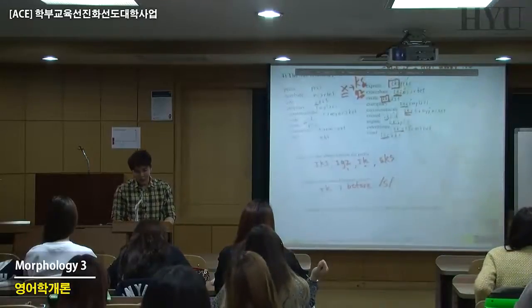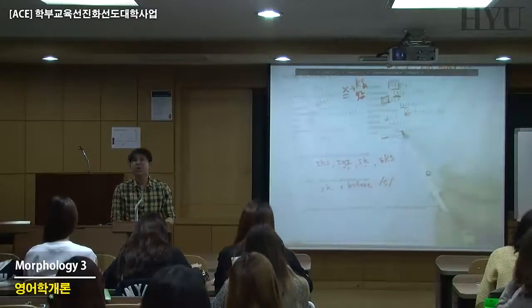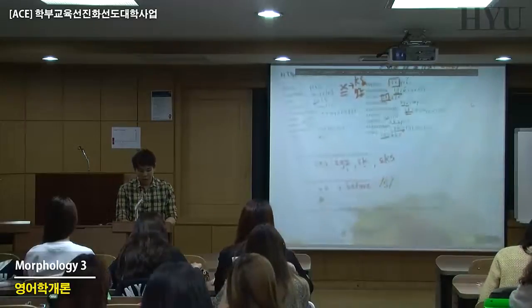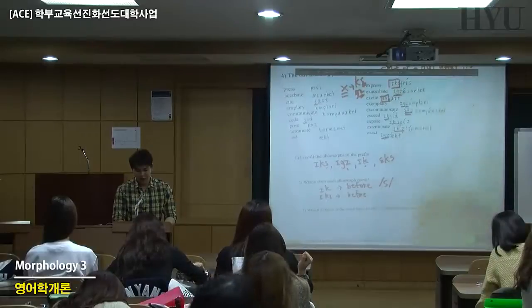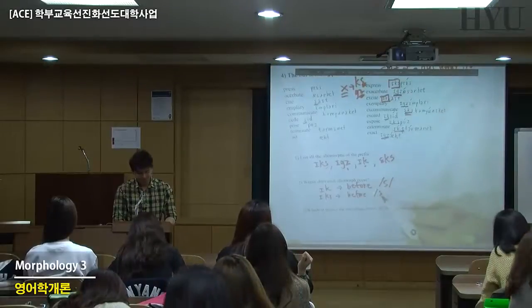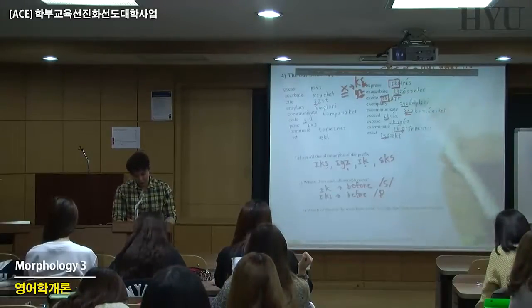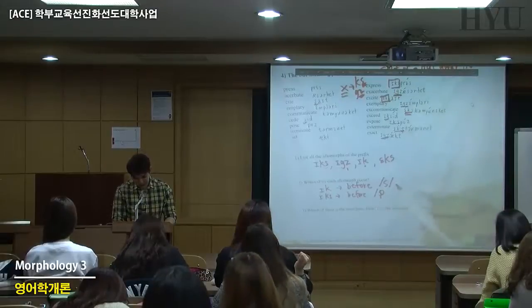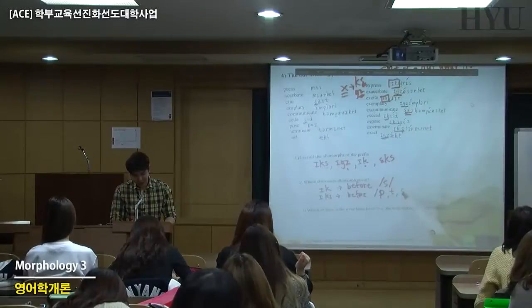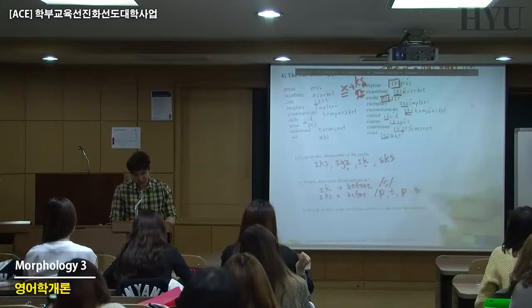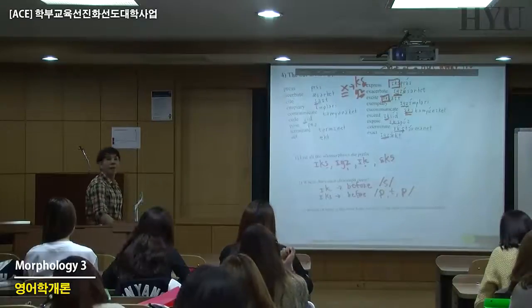So express, expose, exterminate. So IKS occurs before what sound? S, I'm sorry, not S. P, T, exterminate, right? And then, oh no, I'm sorry, P, another P, expose. So P, T, and P.